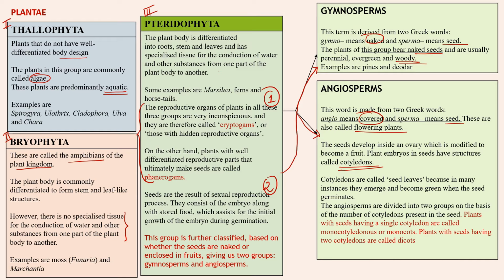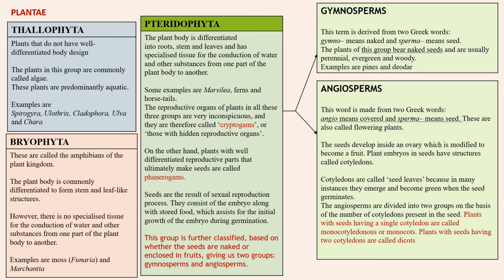Angiosperms are further divided into two parts, monocot and dicot. This depends upon the number of cotyledons present in the seed. If the seed has a single cotyledon, the plant is called a monocot, and if it has two cotyledons, it is called a dicot.